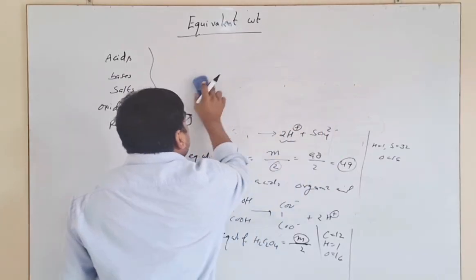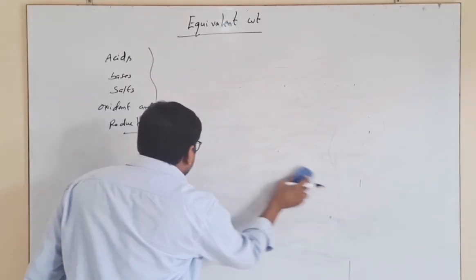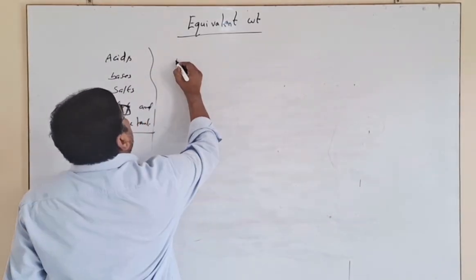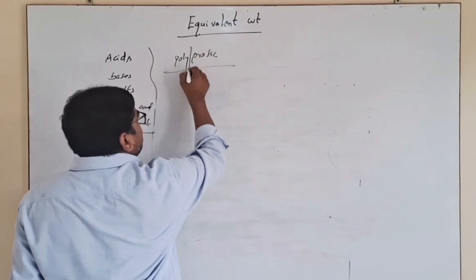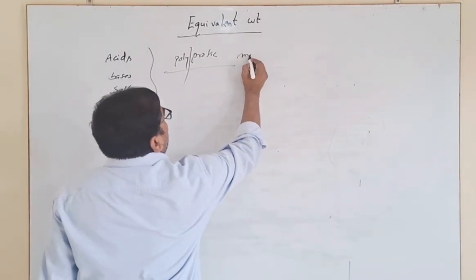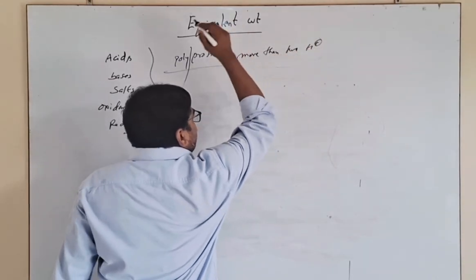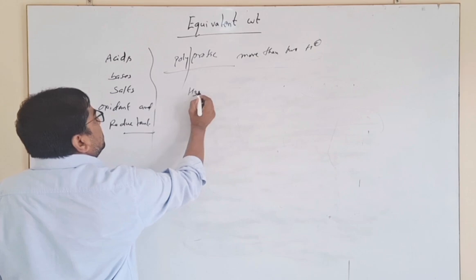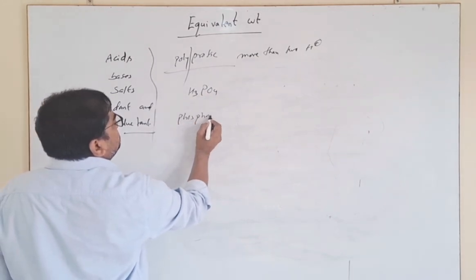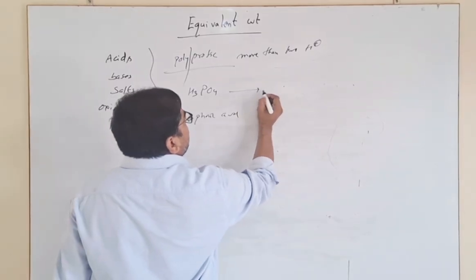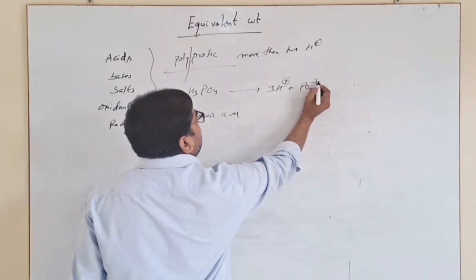After monoprotic and diprotic, now polyprotic. Poly means many, more than 2. More than 2 H plus released, like H3PO4, phosphoric acid. Phosphoric acid dissociates as 3H plus and PO4 3 minus.